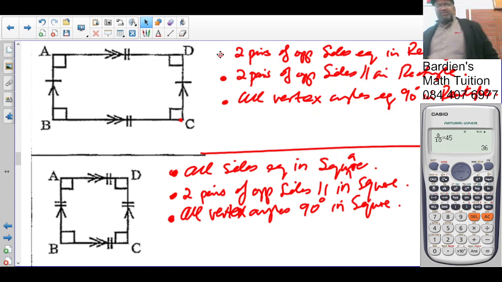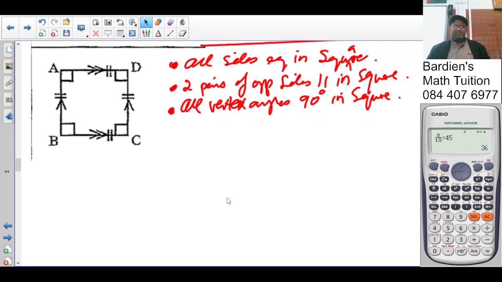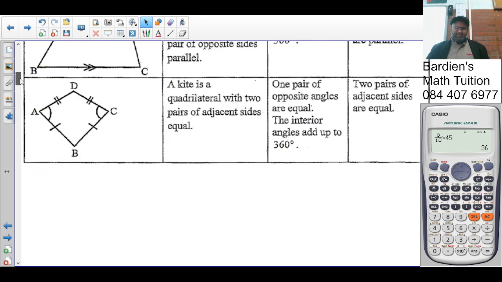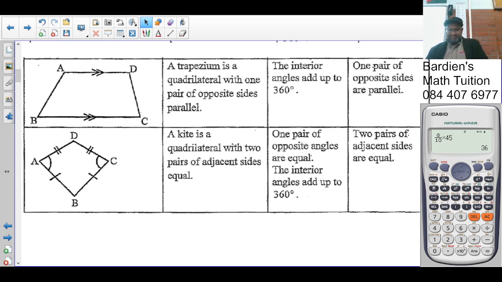So again, if the question is, list the properties of a square for 3 marks, then you say all sides are equal in a square, two pairs of opposite sides are parallel in a square, and all vertex angles are 90 degrees. It's fairly simple.